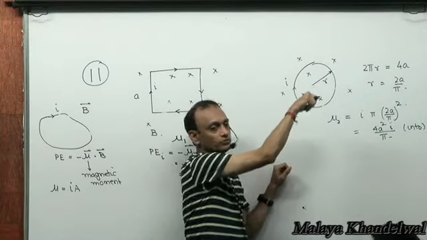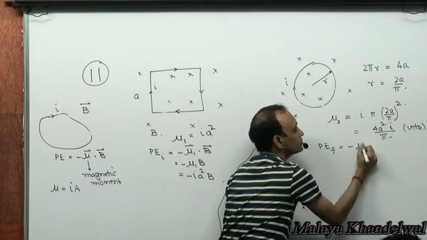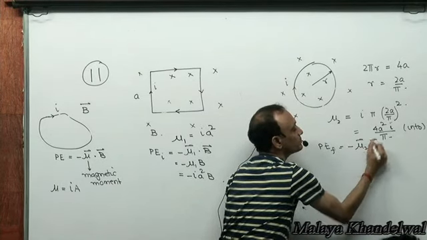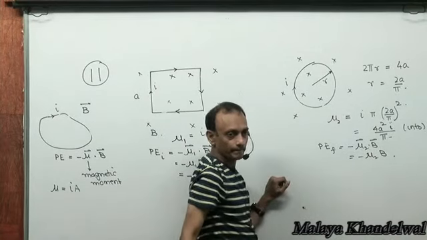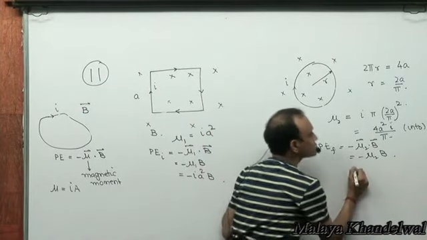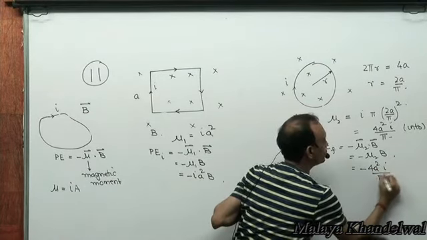And B is also into. So the final potential energy is going to be again minus mu2 dot B, which will simply be minus mu2 into B, right? Which is minus 4a squared I by pi into B.